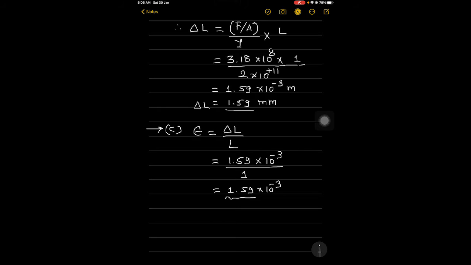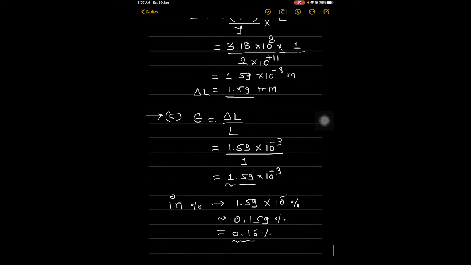But as it is in a fractional form, we can convert it into percentage. In percentage mode, it will be 1.59 into 10 raised to minus 1 percentage, that is about 0.159 percentage, or it can be written as 0.16 percentage. So the overall strain produced here is about 0.16 percentage. So this is your example number 1.